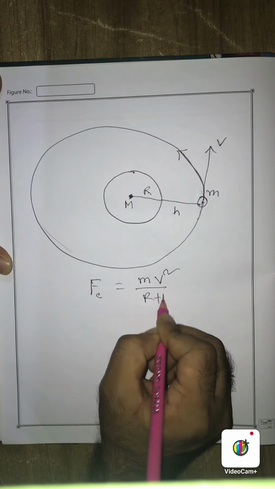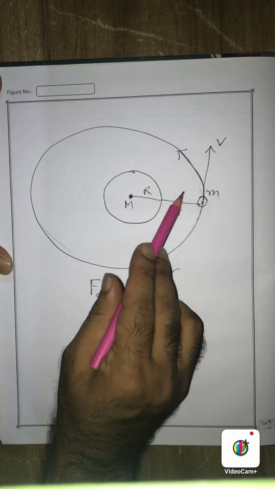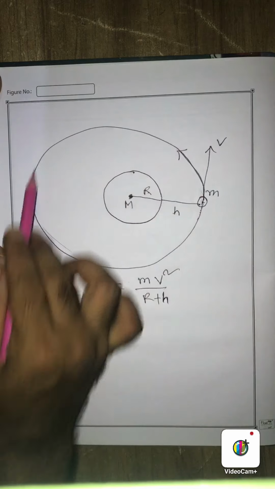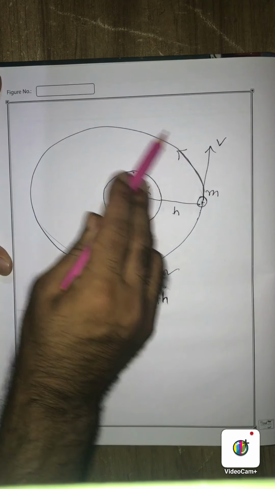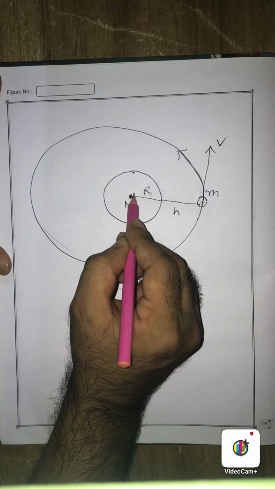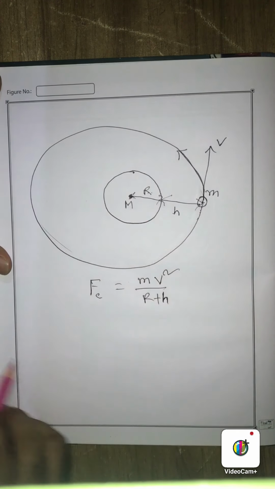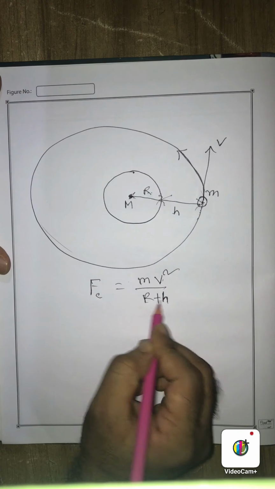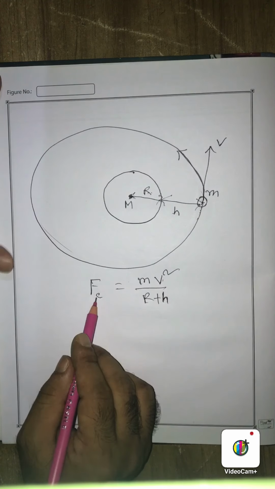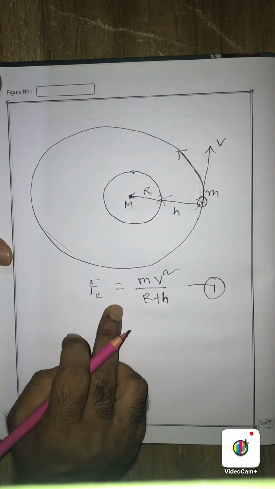The radius of the path in which the satellite revolves is R plus h, where R is the radius of the earth and h is the height from the earth's surface. This is the centripetal force. This is equation number 1.